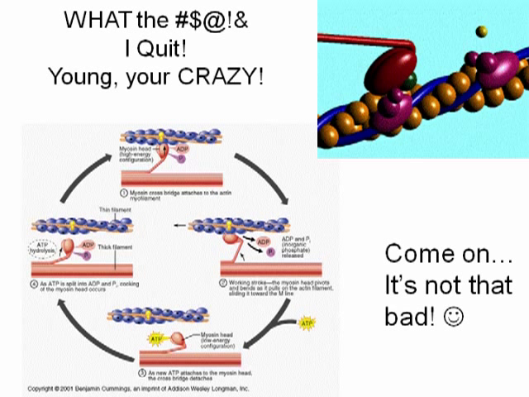Step 4 and step 5 of the sliding filament theory is now going to be focused on resetting the myosin head for the next actin to come in and bind to it. And so a new ATP molecule binds to the myosin, releasing the actin. And the myosin is going to cleave that ATP, releasing the phosphate group, allowing the myosin head to reset back into its initial position, and assuming that another action potential has traveled all the way down into the T tubule, releasing more calcium from the voltage-gated calcium channels within the terminal cisterns.